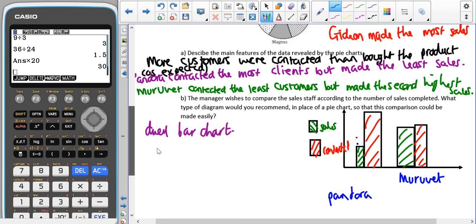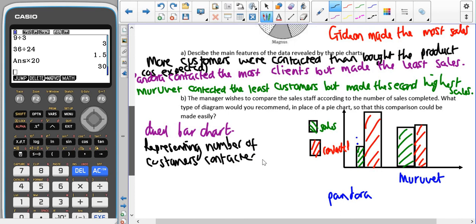So a Geo Bar Chart representing number of customers contacted and sales made for each employee.